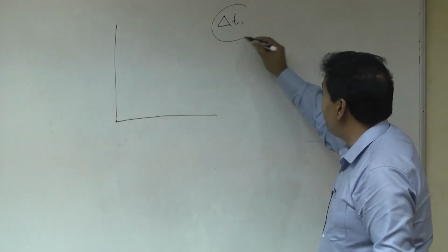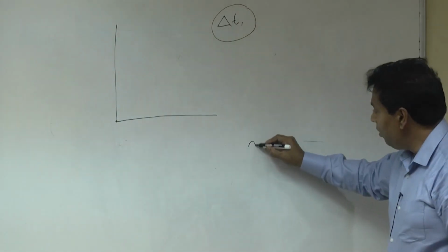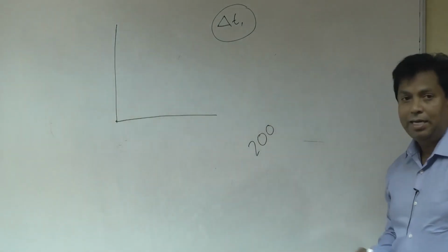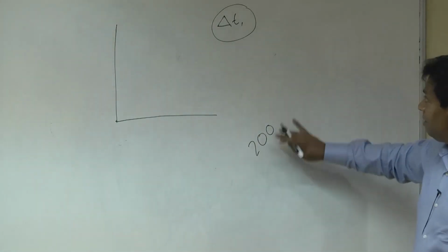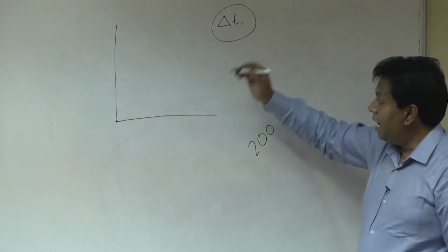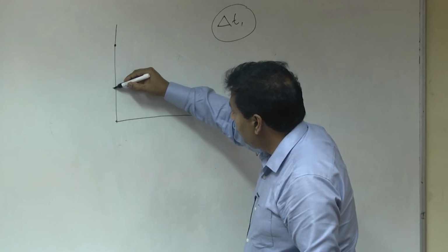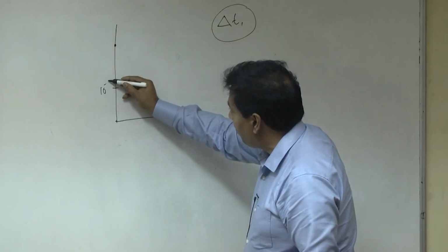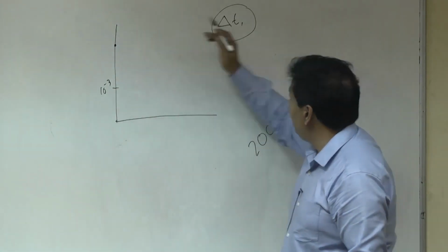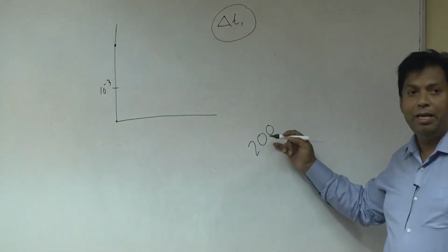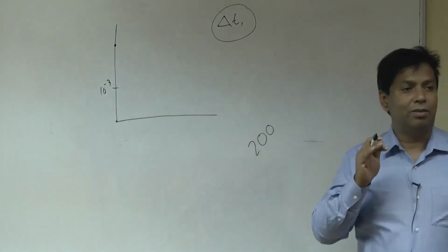Per time step, the maximum number of iterations you already have chosen is 200, right? And your solution is coming down from somewhere to your required residual 10 to the power minus 3, maybe within this value. If it is not within this value, that means your solution does not converge.